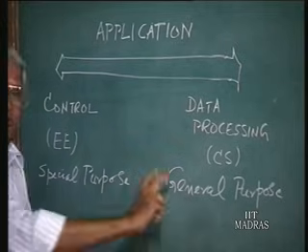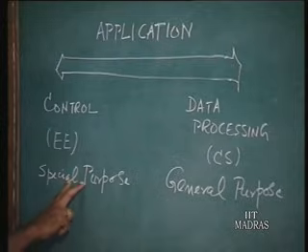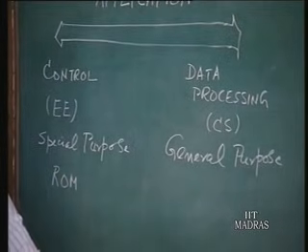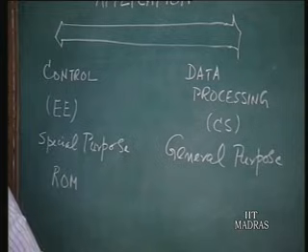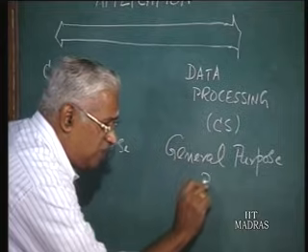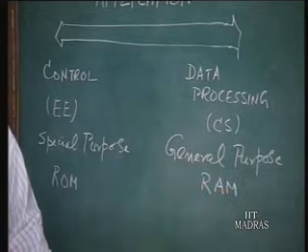In the general purpose case we really do not know. In other words, suppose we have a software program. Since we know for what purpose it is being used, that software can be packed and put in a read only memory. I am talking about the program itself. Whereas in this one we just do not know who the user is, so we must allow that there will be different types of users.